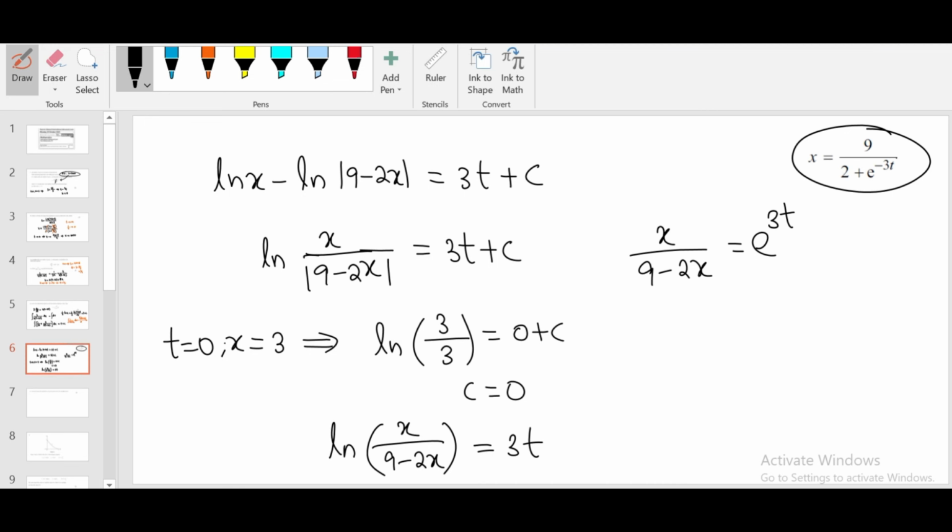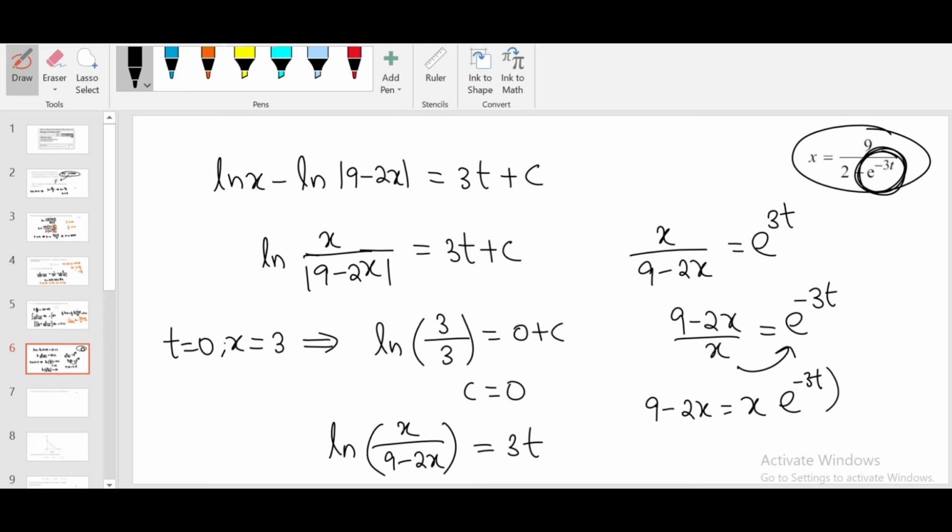But look at the answer we are trying to achieve. We need e power minus 3t, right? So probably we'll just make x as a subject, we'll get the answer. Probably I can flip both sides. 9 minus 2x divided by x is 1 over e power 3t, which is this. Bring the x here. 9 minus 2x is equal to x times e power minus 3t.